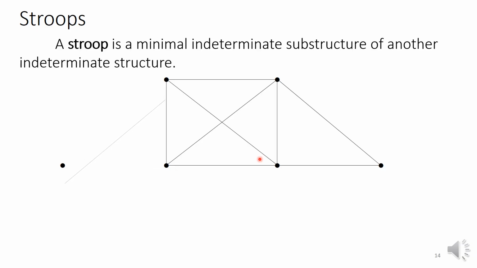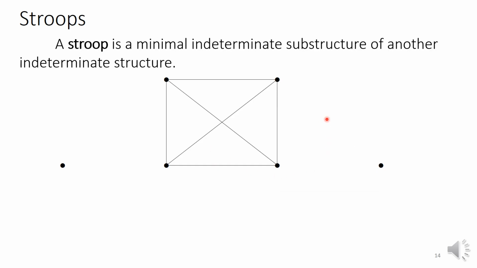If we remove two members, we also remove this joint. I'm not showing the joint disappearing, but consider that to be removed also. We are left with this other remaining structure, which is also indeterminate. You can verify it's indeterminate.